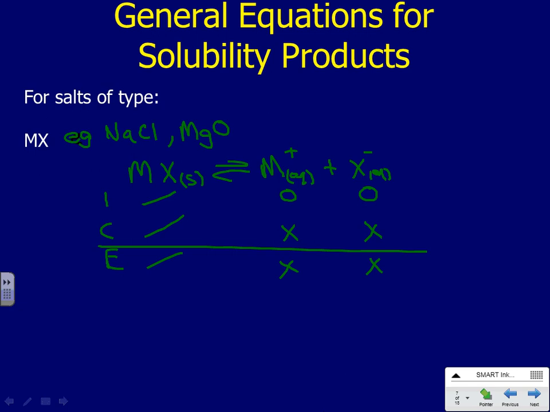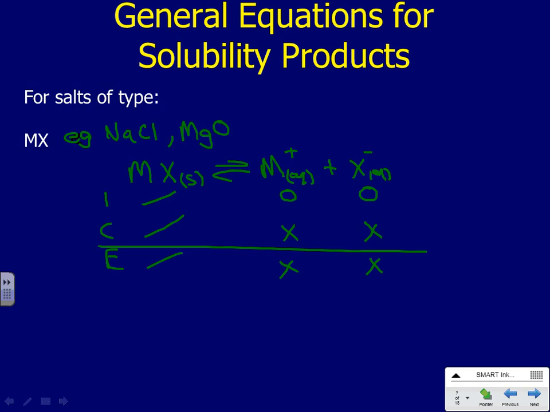Now, the reason I want to derive this is because we're talking about a solid dissolving in pure water, and that's going to be important, because near the end of the week, on Thursday, when we do something called the common ion effect, we're going to do the same calculations, except it's not going to be in pure water.